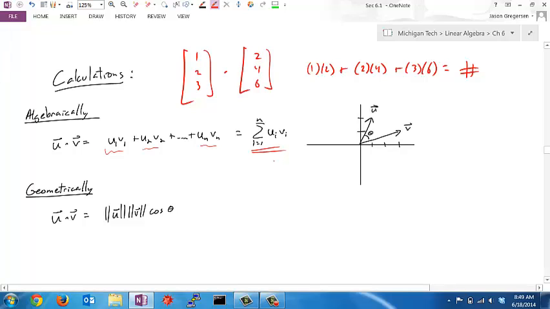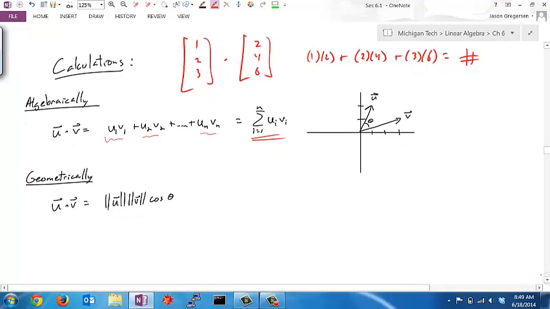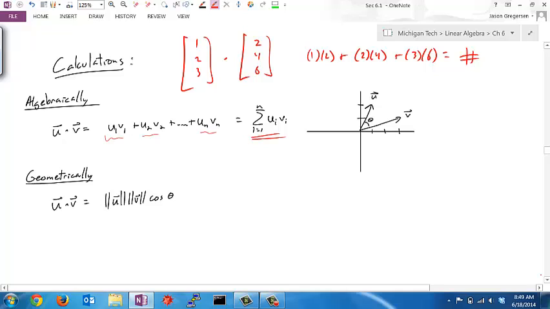Now the geometric definition says u dot v is the magnitude of u times the magnitude of v times the cosine of theta. So the first question we should ask is, what is this magnitude thing? Right, the magnitude is the length of the vector. This is the magnitude of v.